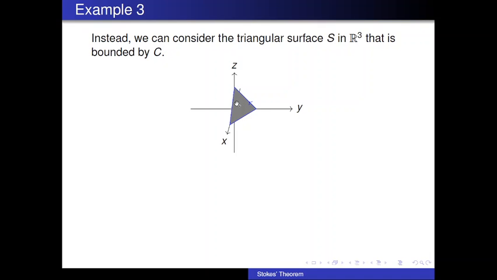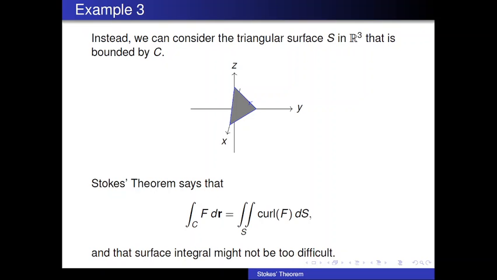This is just a little piece of a plane that juts across here. And we know the equation of that plane, so we can probably parameterize this surface pretty easily and trade the line integral of F for the surface integral along this nice surface S of the curl of F instead.